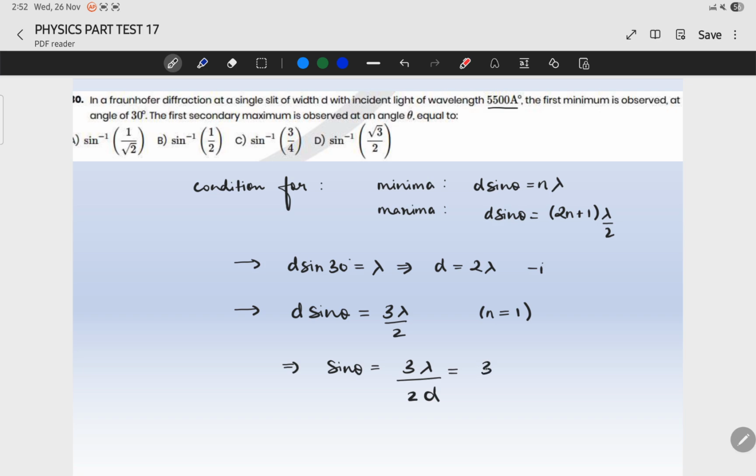So you will get 3 lambda by 2 into 2 lambda, which is 3 by 4, implies that theta is equal to sine inverse of 3 by 4.